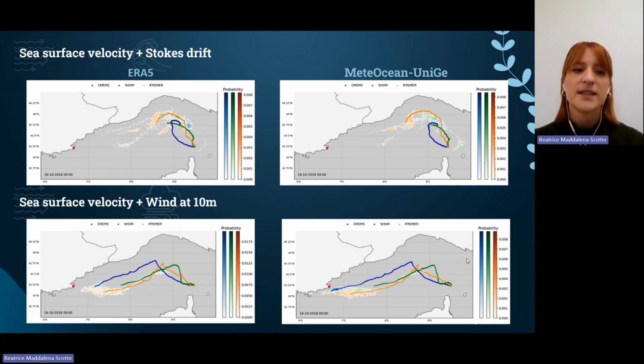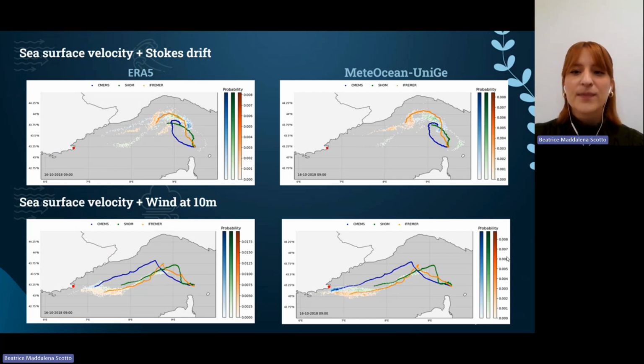And on the bottom, instead, we have the image that shows us the results with the sea surface velocity and the wind. And we can see that here the simulations are a bit better than the one with the Stokes. And so what we can notice is that the simulation with the wind has more impact on the advective process, while the one with the Stokes had a more diffusive process.